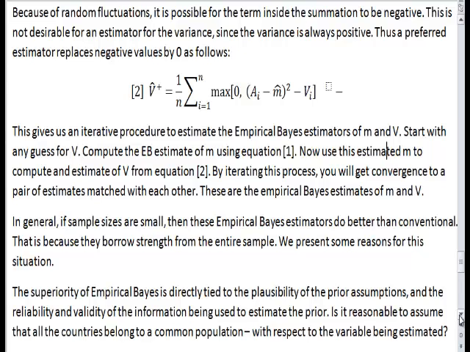So what that means is that if the country means are ranging over a large group, then your empirical Bayes estimator will not work very well, because the prior variance will be very large. There are a couple of things you can do. Sometimes you can see in the data that there are different subgroups.